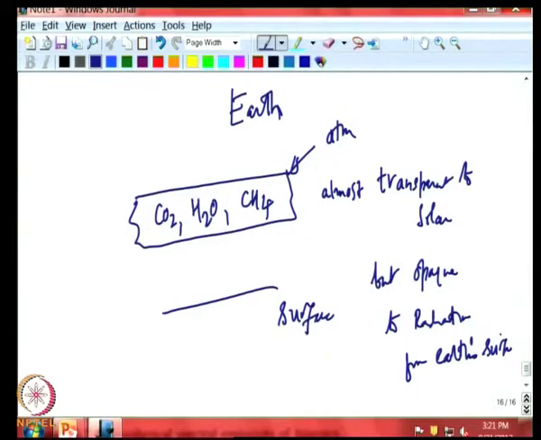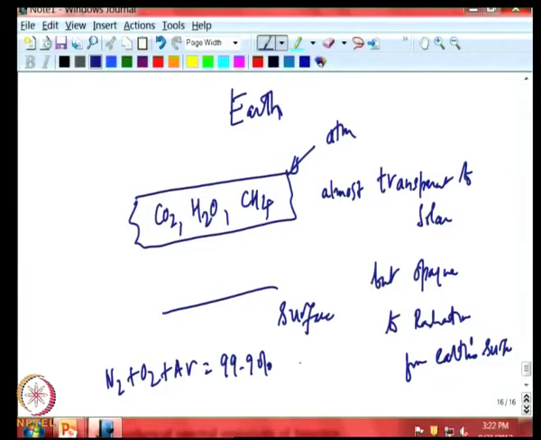So, the presence of these minor gases, they are all minor. Remember that the atmosphere contains mostly nitrogen, oxygen and argon. These three gases make up almost 99.9% of the atmosphere, but they play no role in radiative transfer of either the sun's radiation or the Earth's radiation.